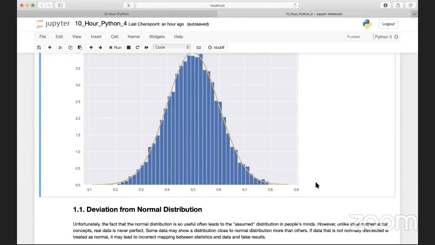Some of the methods, such as z-score, t-test, ANOVA, principal component analysis, require normal distribution, which means that if you don't have normal distribution, you cannot apply these techniques. All right. So these are the reasons why we need normal distribution, why we apply normal distribution.